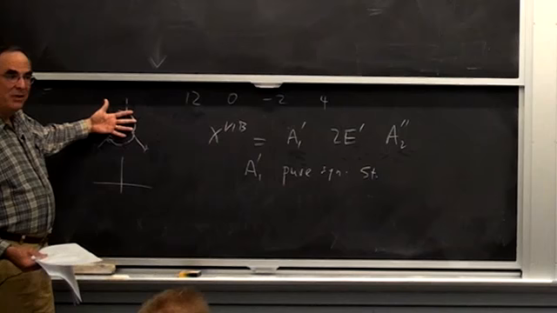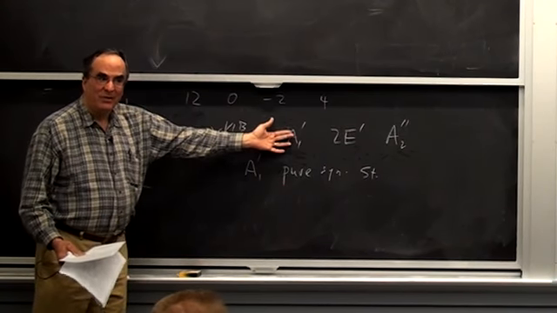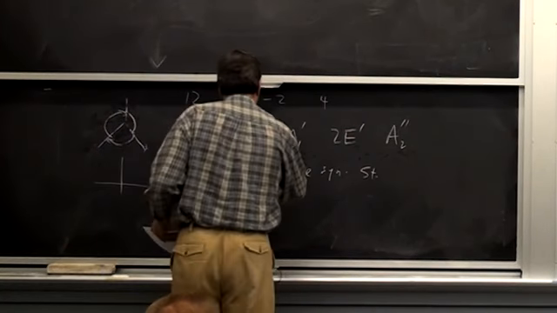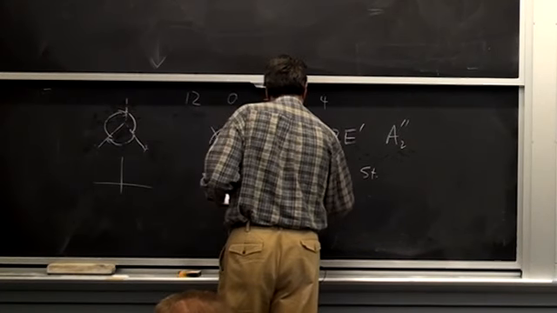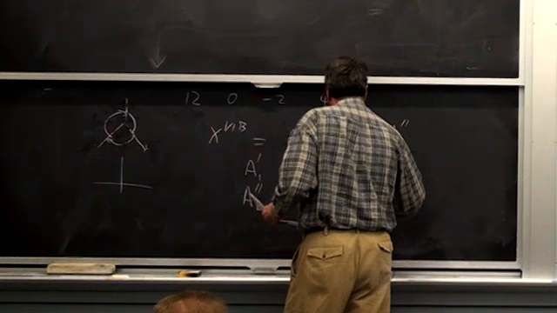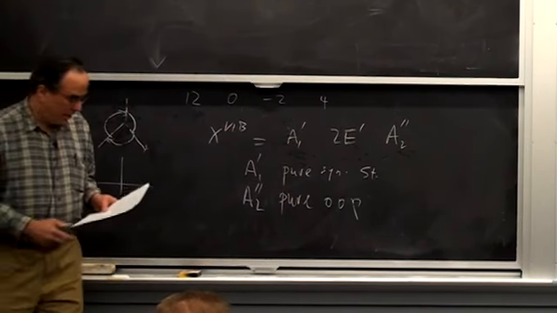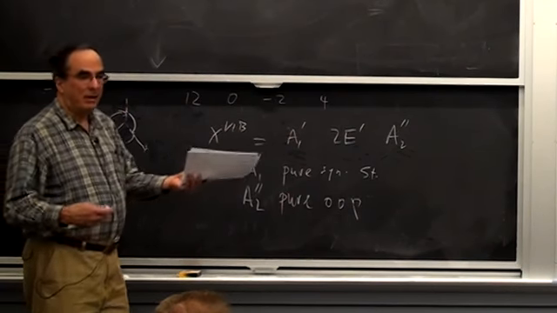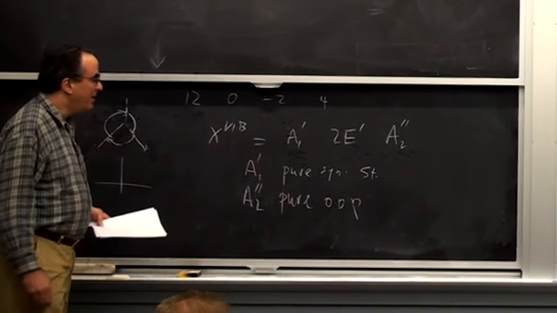But there's only one of them, and so it had damn well better be the symmetric stretch. And then the A2 double prime is a pure out-of-plane bend. And so the 2E prime representations are mixtures of stretches and bends.